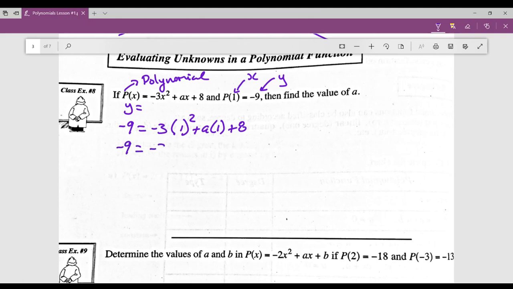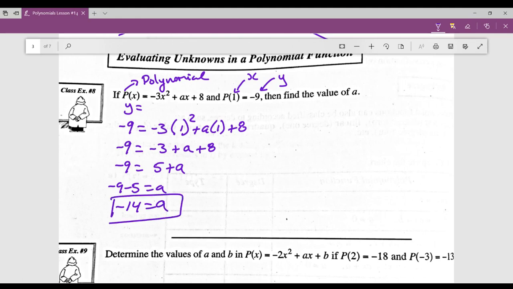Negative 9 is equal to negative 3 plus a times 1 is a plus 8. Negative 3 plus 8 is 5. Move the 5 over. Negative 14 is equal to a. That's a pretty standard question. If we were in class, that would be guaranteed to be a quiz/test question.